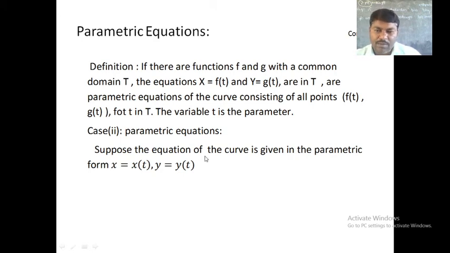Consider the parametric equations x is equal to x of t, y is equal to y of t.